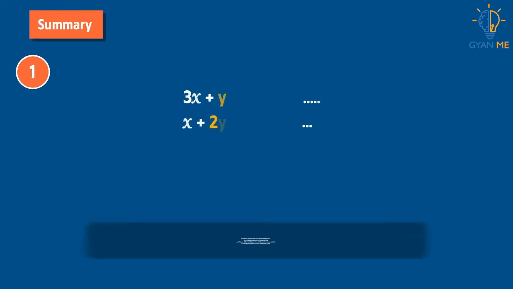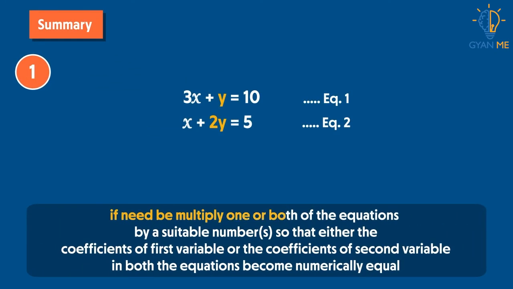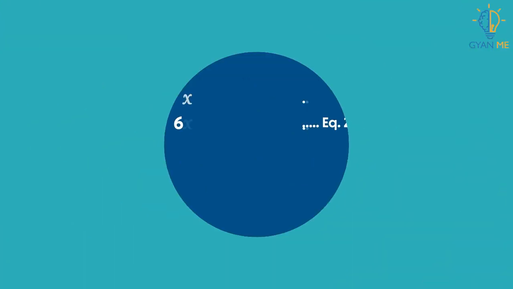Let us summarize the elimination method. Step 1. If need be, multiply one or both of the equations by a suitable number so that either the coefficients of the first variable or the coefficients of the second variable in both the equations become numerically equal. Step 2.